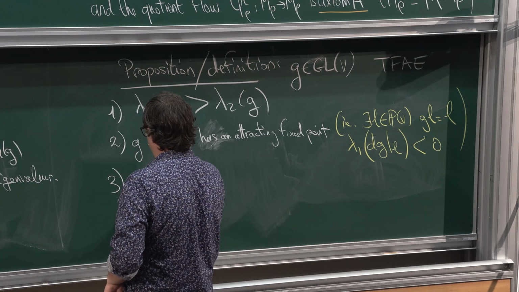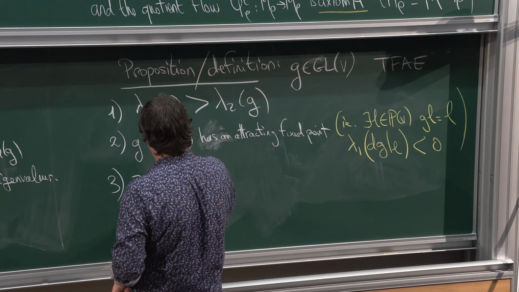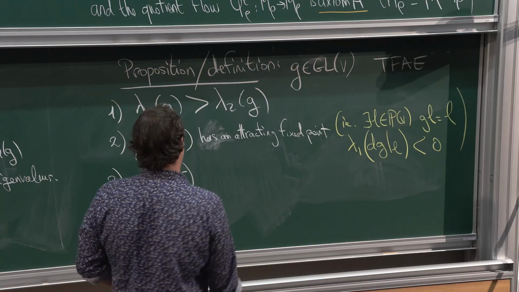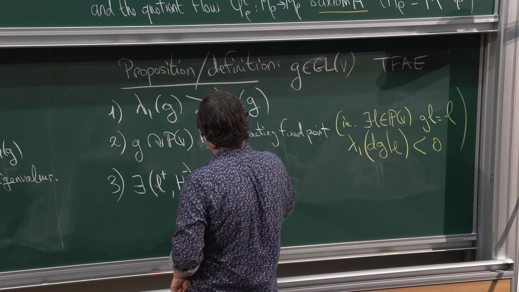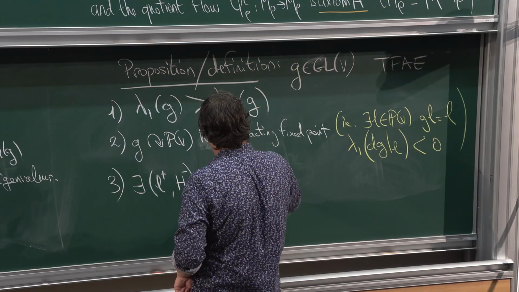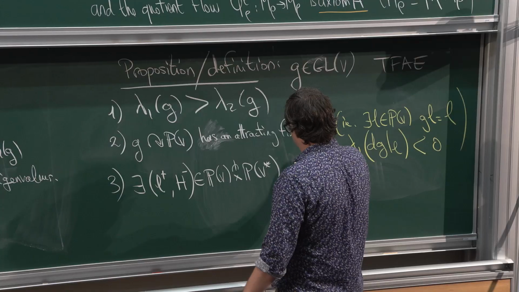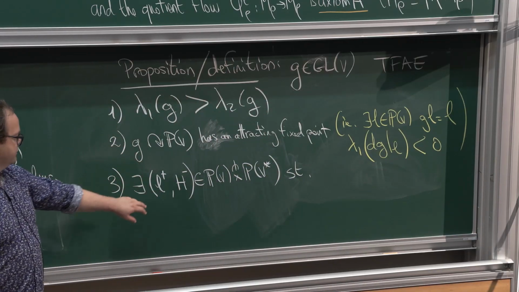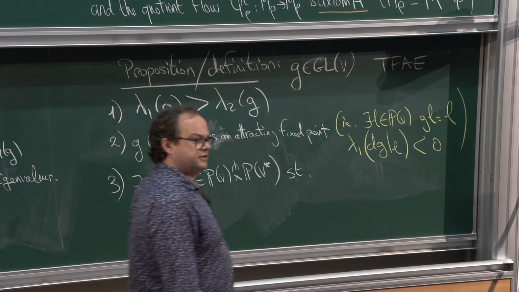It's saying that you can find a line, let's call it L plus, a hyperplane H minus that we'll assume to be transverse, such that powers of G will send everyone to L plus, except possibly if you're in the projective basin of H minus.